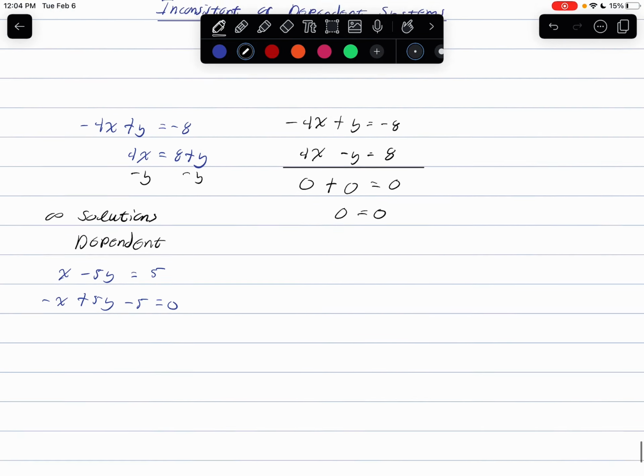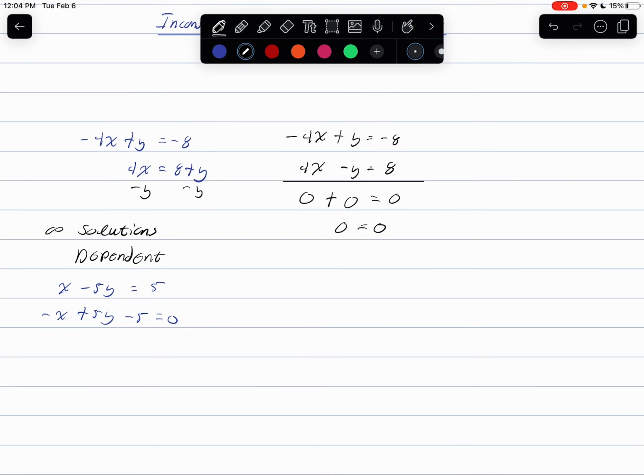You're actually looking at a different representation of the same line. To see what I mean by this, let's take this line here and multiply it by negative 1. So if we multiply it by negative 1, we'll end up with negative 4x minus y equals negative 8. And hey, that is the same thing as this line here. So we're actually just looking at a different representation of the same line.